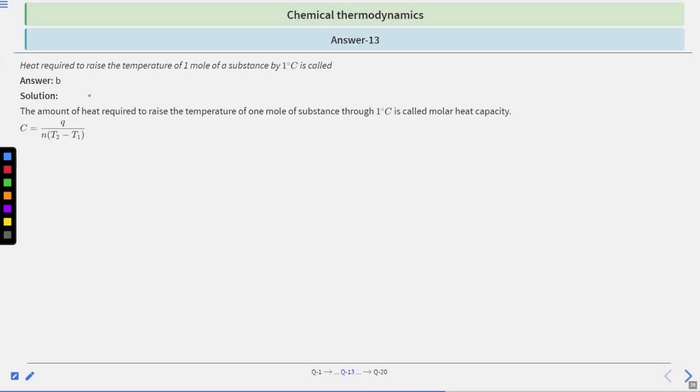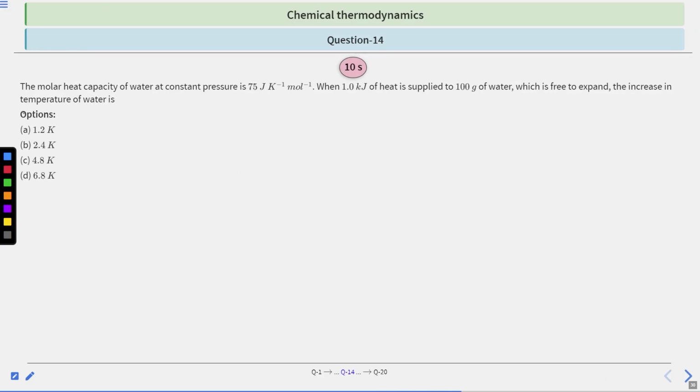Okay, so the correct answer is option B. The amount of heat required to raise the temperature of 1 mole of substance through 1 degree Celsius is called molar heat capacity, and it is given as C equals Q divided by n times change of temperature. So option B is the correct answer.